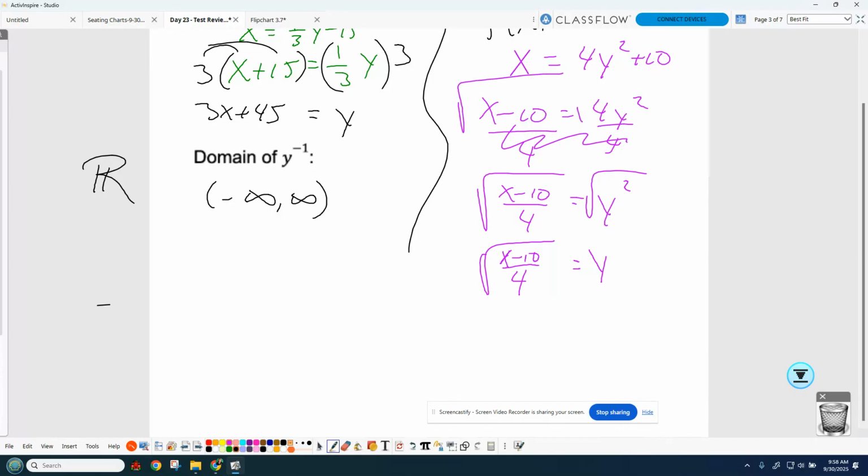If I square root here, everybody is under the square root, and I will get the square root of x minus 10 equals the square root of 4 and the square root of y. These are the same answer. You couldn't have the square root of x minus 10 over 4?